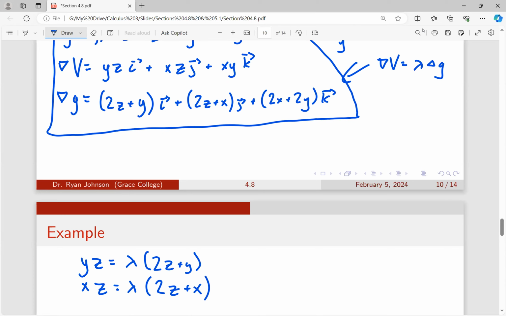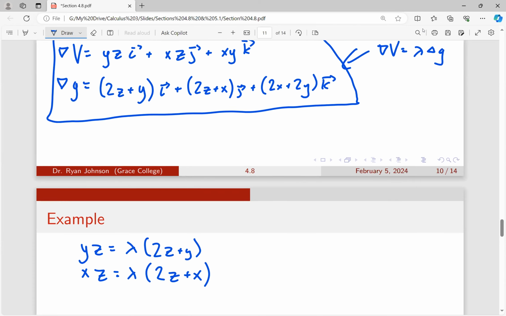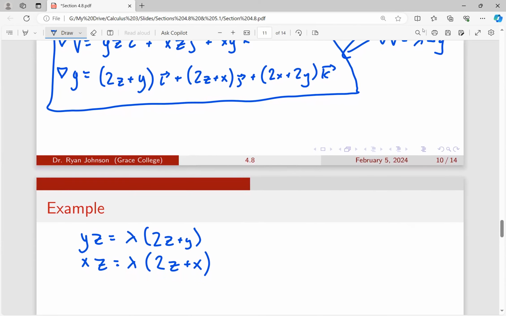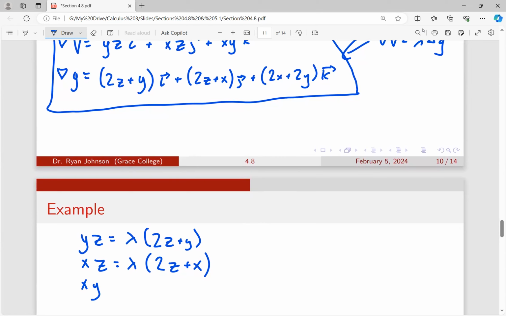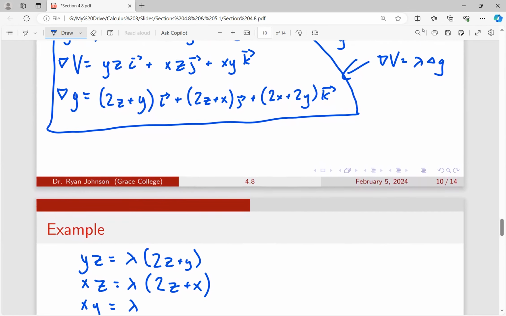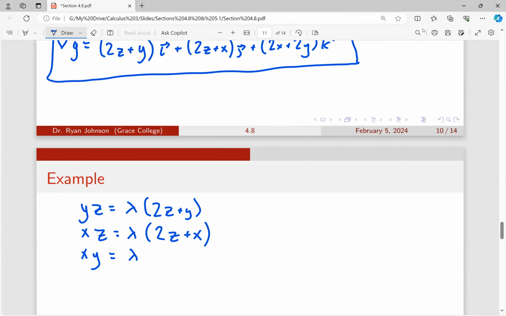And xy equals lambda times (2x plus 2y).